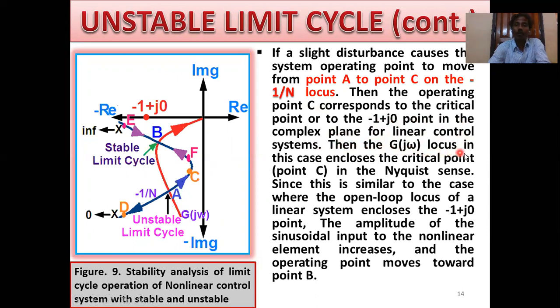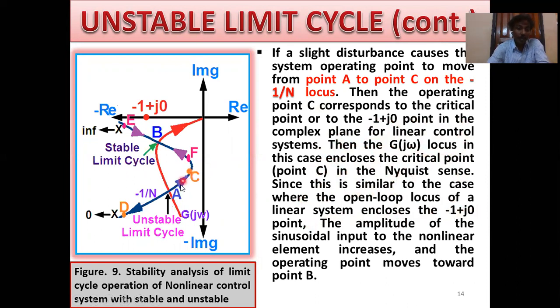Then the G(jω) locus in this case encloses the critical point C in the Nyquist sense, similar to the cases where the open loop locus of a linear system encloses the -1 + j0 point.